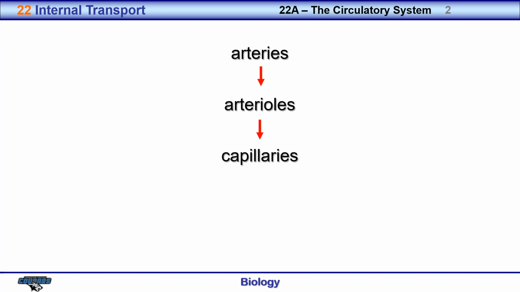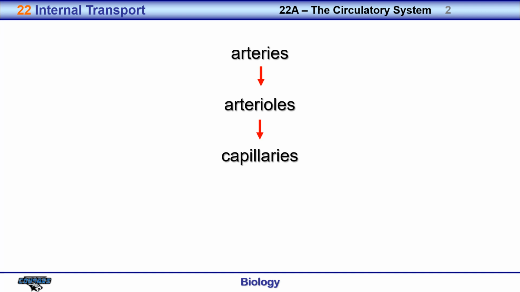As the blood flows through these capillaries, it absorbs carbon dioxide and other waste substances, and then carries them away to the lungs or to the kidneys to remove certain things, or to the liver where, as we've talked about before, the toxic substances are broken down.